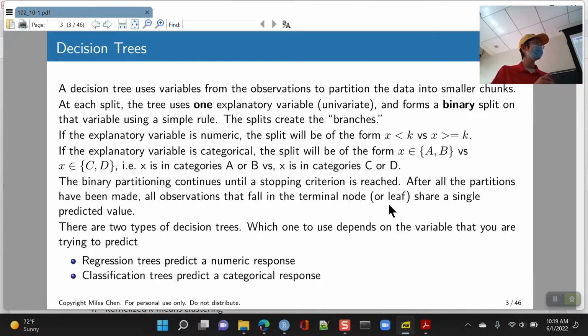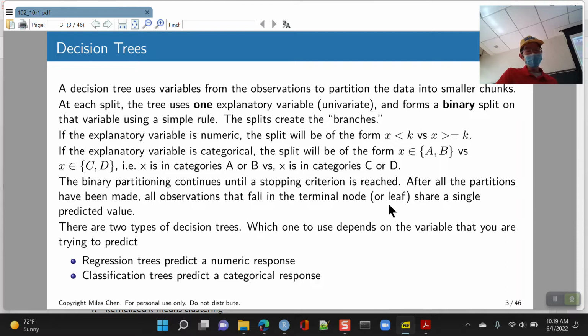Whichever side gets the equals doesn't really matter, but the convention is x less than k versus x greater than or equal to k. Mathematically, it doesn't matter if it's continuous, and it does matter if it's discrete, but whatever, okay?